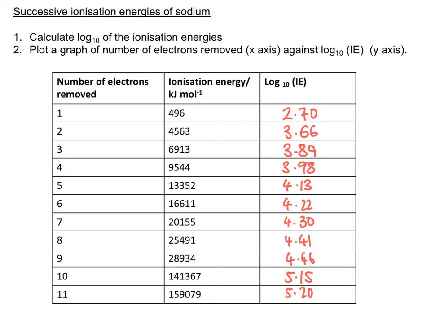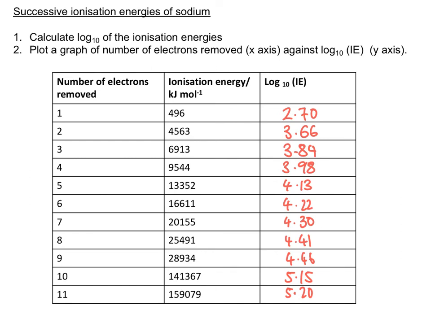Now, for you to draw a satisfactory scale that would allow you to plot these points would be horrendous, absolutely horrendous. You'd have all of these values, 1, 2, 3, 4, really bunched together right at the bottom. It would be an awful graph. By doing log 10, we've got something much more manageable.